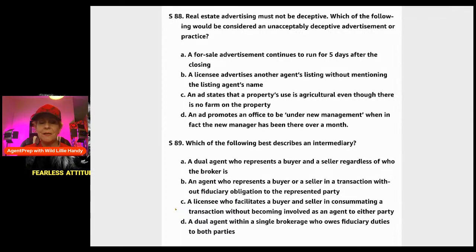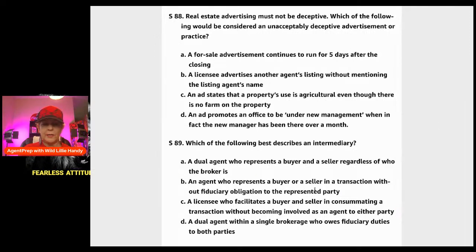C, a licensee who facilitates a buyer and a seller in consummating a transaction. That licensee is the broker. That's an intermediary, right? Because the broker is licensed. They're a licensee. Broker, salesperson, sales agent, realtor, we're all licensees. So it is a licensee who facilitates a buyer and a seller in consummating a transaction without becoming involved as an agent to either party.